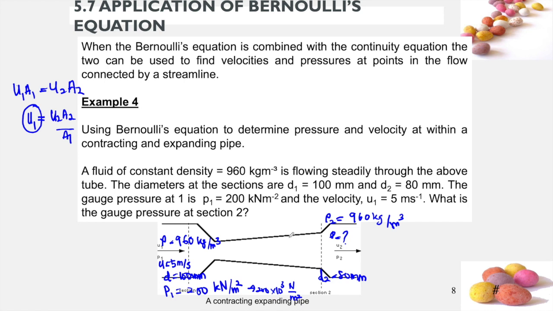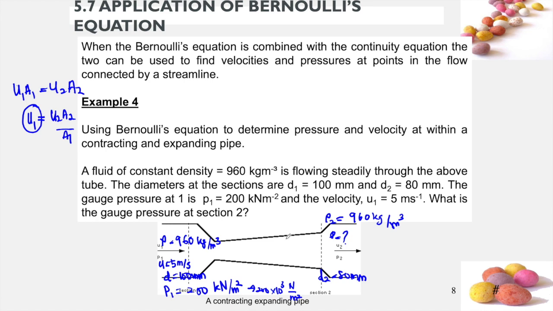You must be aware of this application. Do not apply the chapter 2 equation to flowing fluid. It will be totally wrong.